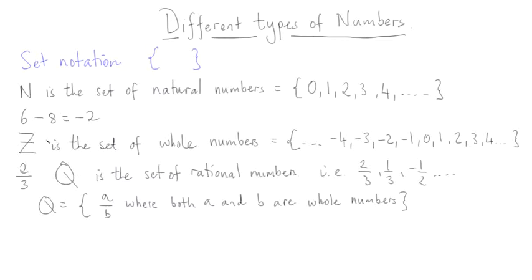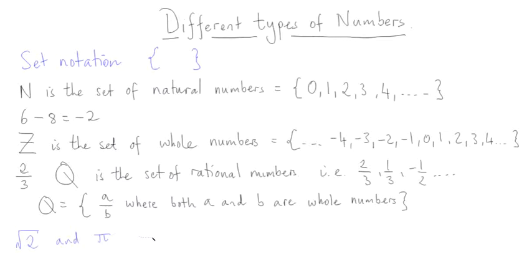However, with these three sets, we can't describe all the numbers that you know so far. For example, what about the number the square root of 2? Can this be written as a fraction? Well, the answer is no. Also, the number pi cannot be written as a fraction.